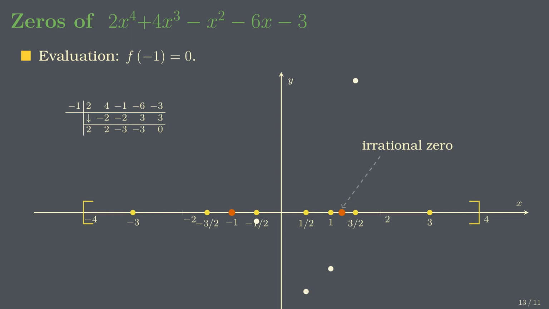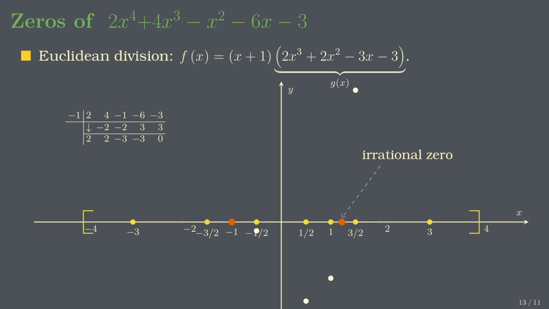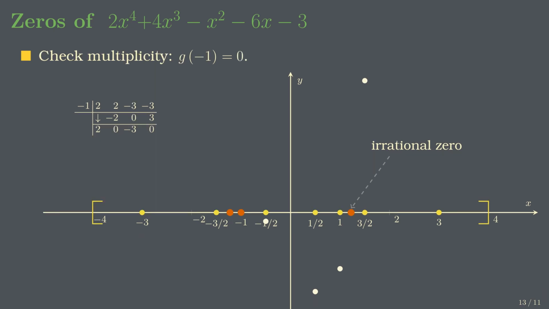So we can ask whether the multiplicity of minus 1 is 1 or more. For that reason, we can now factor f of x as x plus 1 multiplied by g of x like this. And we use synthetic division again to get x plus 1 out of this if possible. And actually g of minus 1 is 0.